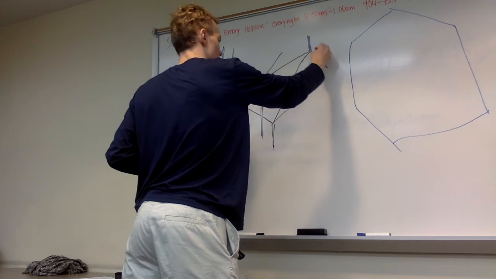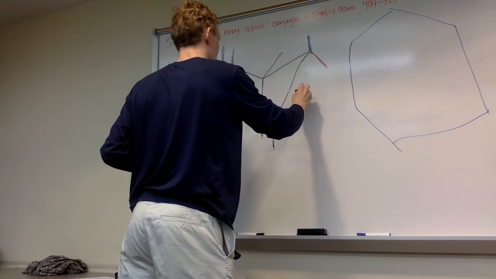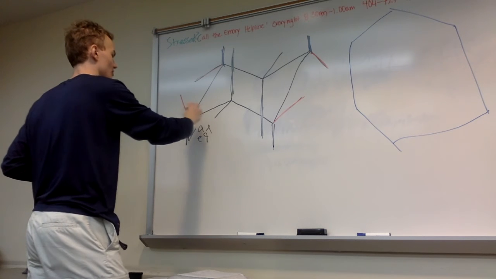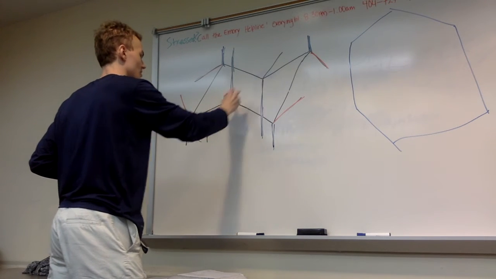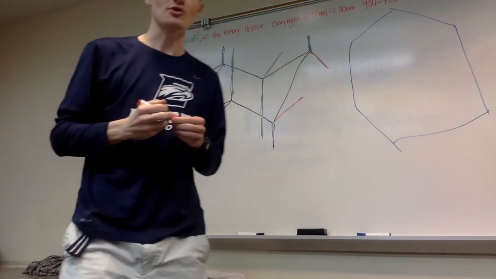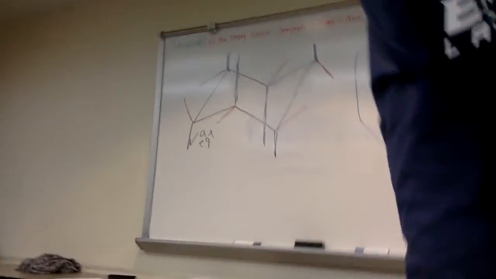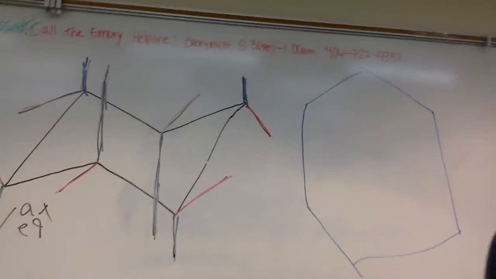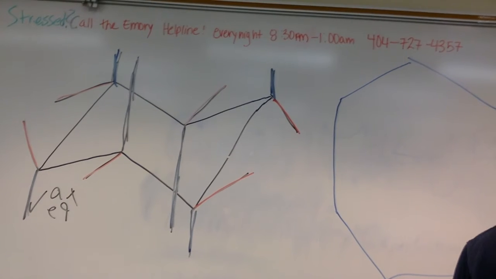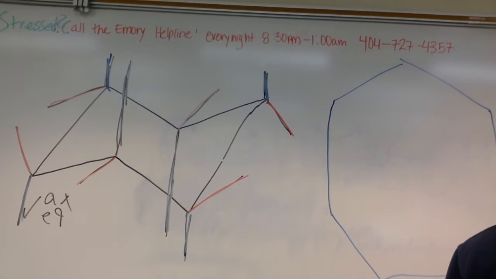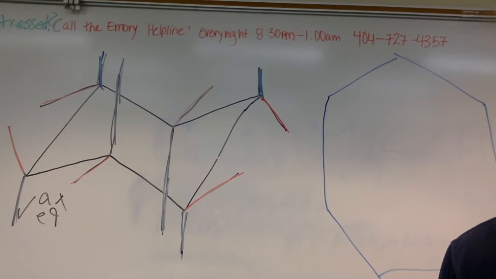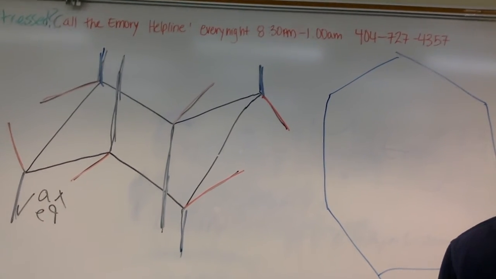So you have your equatorial here, your equatorial here, your equatorial here, equatorial here, equatorial here, and equatorial here. Okay, so hopefully, you all can see that now. So whereby the blue is the axial and the red is the equatorial. Okay, so that's how you draw a right-leaning chair conformation.